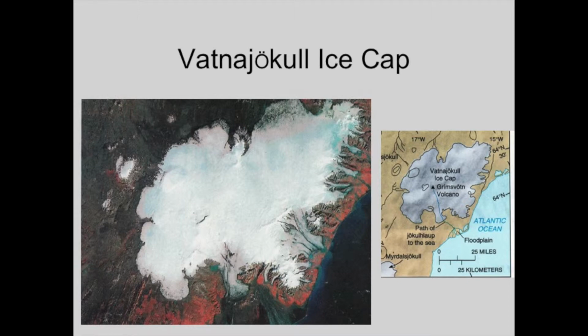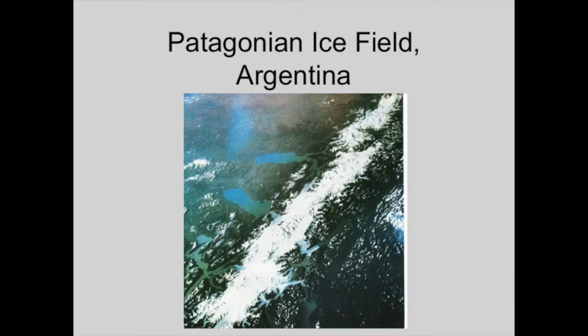In this case, it's an ice cap. It completely buries an underlying landscape, generally mountainous. A second subtype of continental glacier is an ice field. Ice fields are not extensive enough to form a dome or an ice cap over a mountainous region. Instead, they extend in a characteristic, more elongated pattern in more mountainous regions.